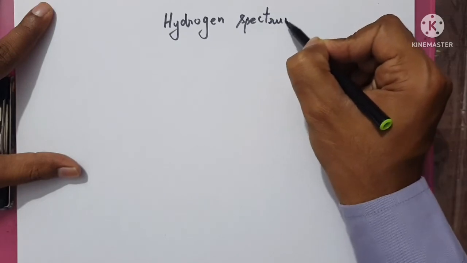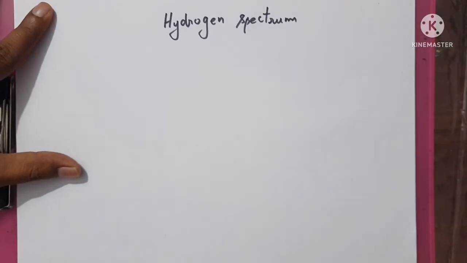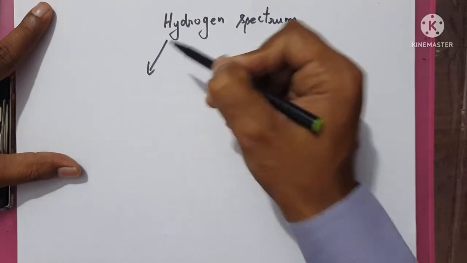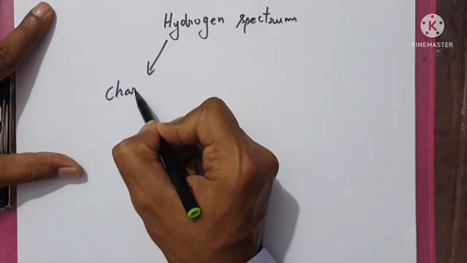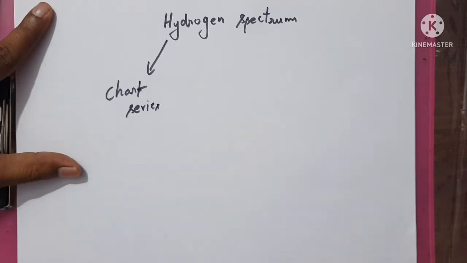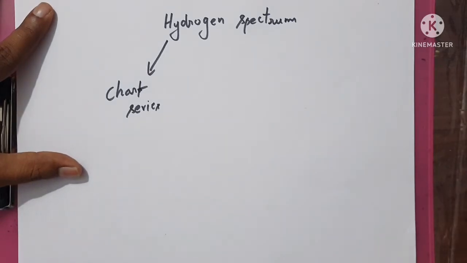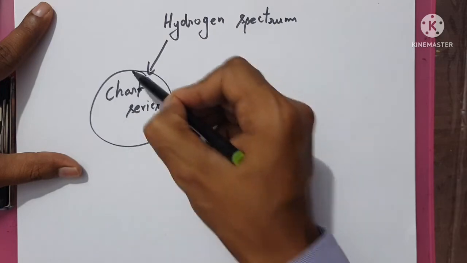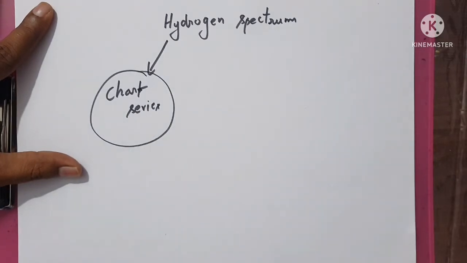In hydrogen spectrum, children, I will first tell you about the chart of the series, for example, the Lyman series, Balmer series, and Paschen series, and how the questions will be based on that.